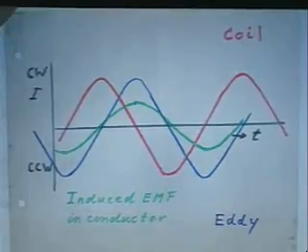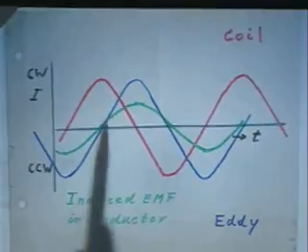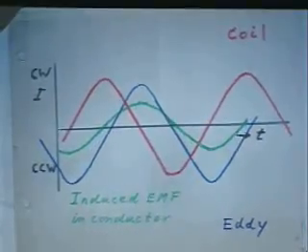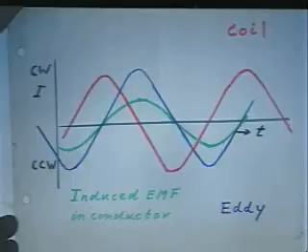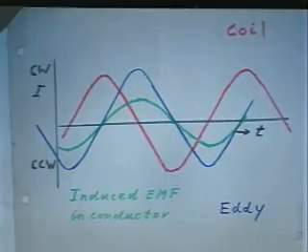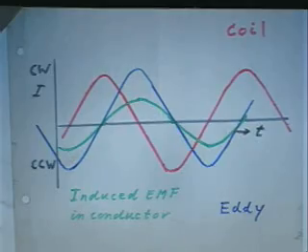I call that the eddy current. If there is no phase shift between the induced EMF and the induced current, notice that half the time the blue curve and the red curve are in opposite directions. When they're in opposite directions, they repel each other. When they're in the same direction, they attract each other.